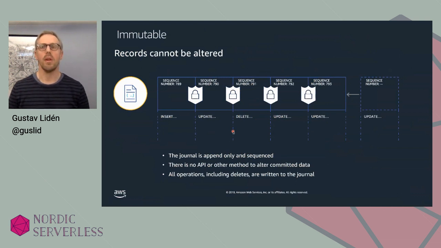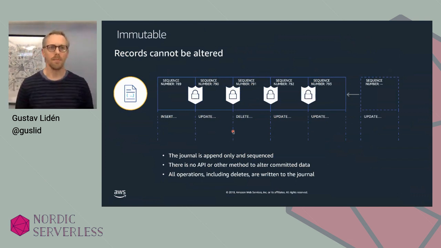That will not happen with QLDB. Every entry or every action taken on the database is just logged and added onto in this journal. There's no way really to access or to change or alter this committed data. There's basically no way to do this, and as we also see later, if you were to do that, that would break the verifiability aspects of the database.